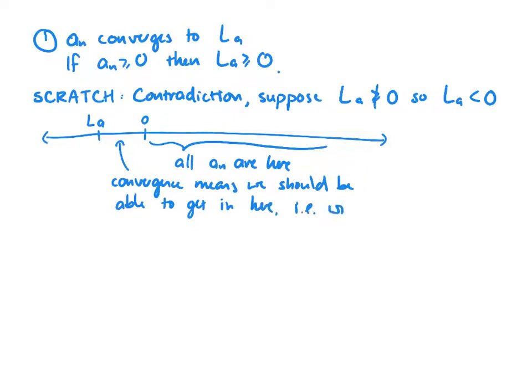I.e., within, so how close are we going to be to L sub A if we're in that region I'm pointing to? Well, it's going to be absolute value of L sub A, right? That's the distance here between L sub A and 0.